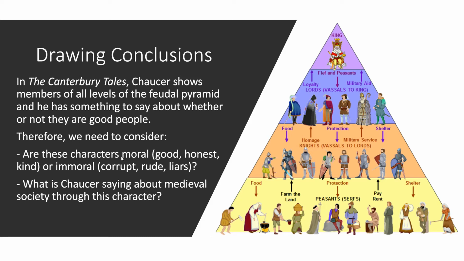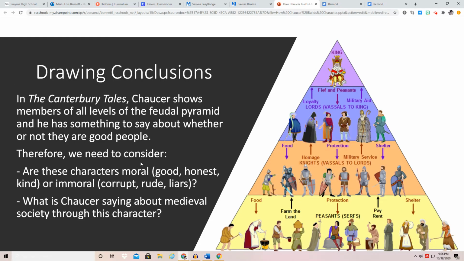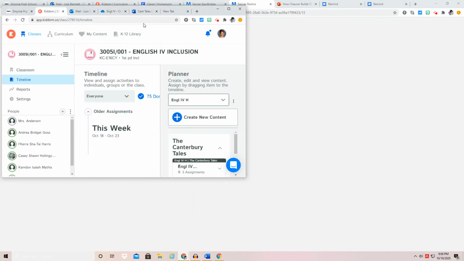All right. So to show you an example, I am going to pop over here to the hosts section, which we just read. And I also want to open up for you this character chart that you can find on Kidim.